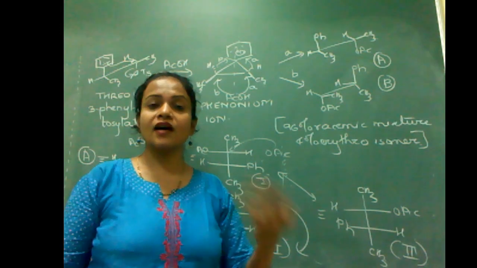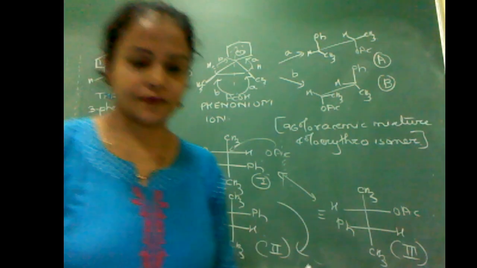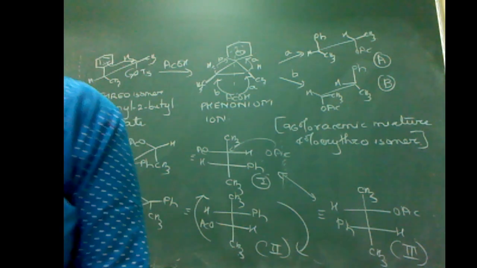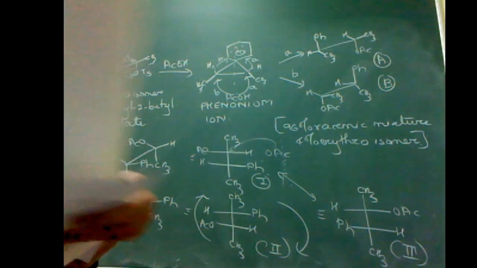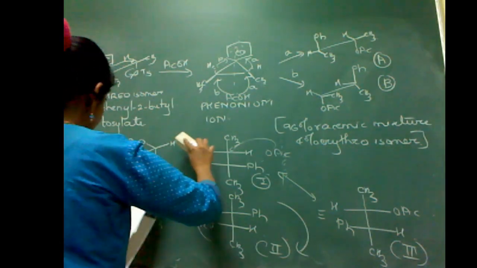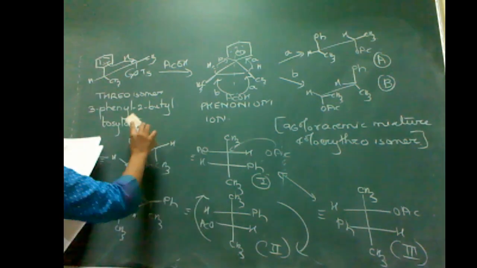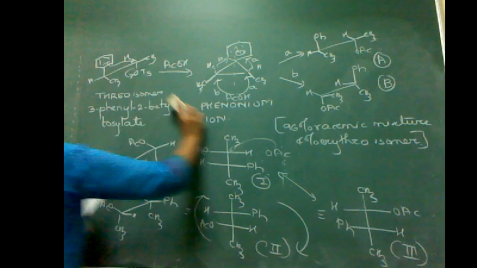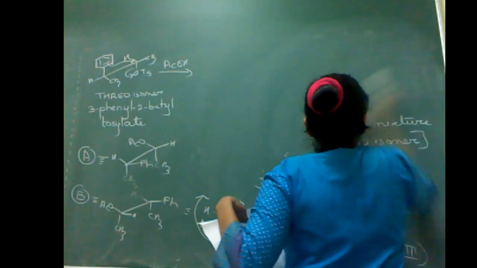Now let us try to focus our attention on the erythro isomer. In the erythro isomer, the methyl group is like this.